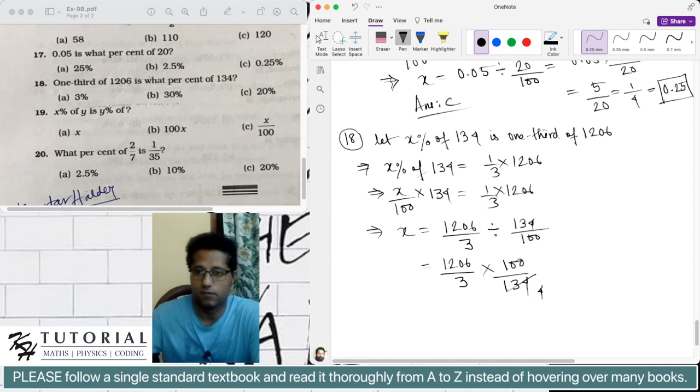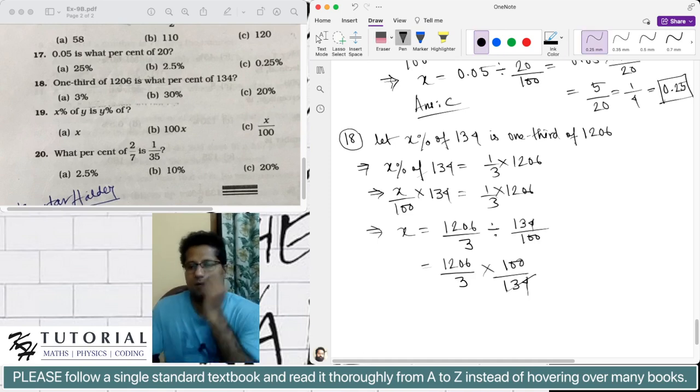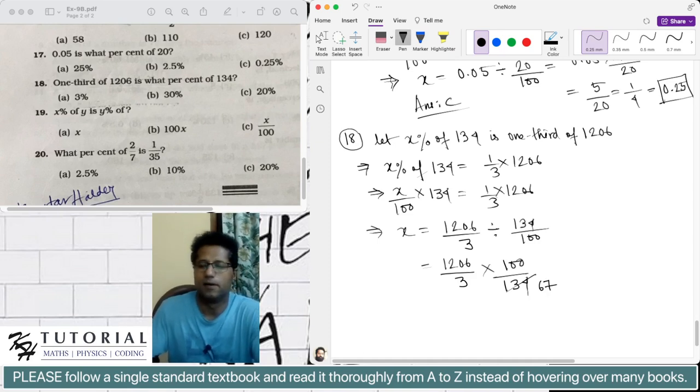Let's start dividing by 2. If you divide 134 by 2, we get 67. And if you divide 1206 by 2, we get 603. And 3 divides 603 with 201.